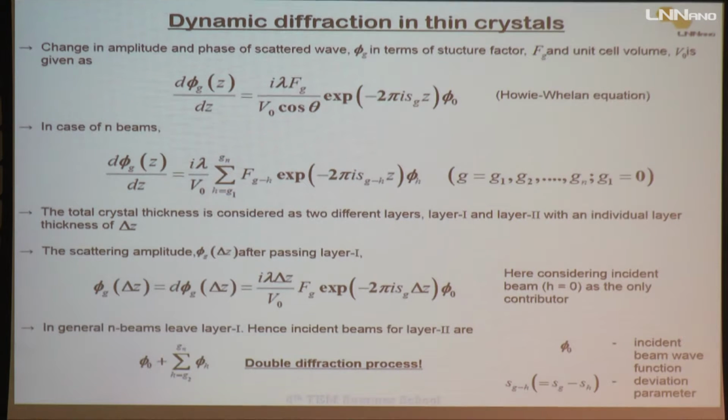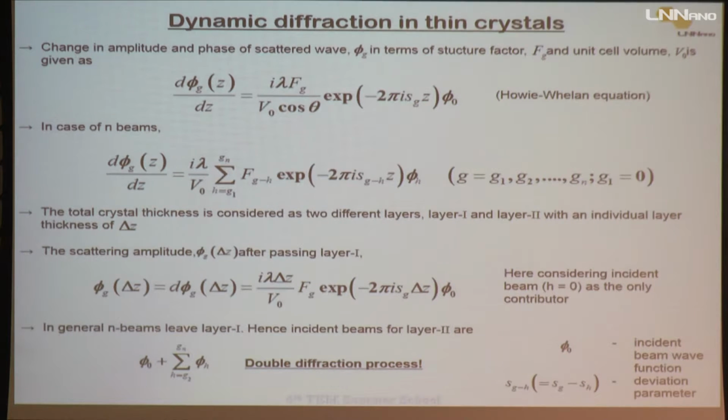And these are the beams. One more thing: once the electron beam is incident on the sample, it gives different scattered beams at the end of layer 1. And these beams at the end of layer 1 act as incident beams for layer 2, and we get different beams at the end of layer 2.